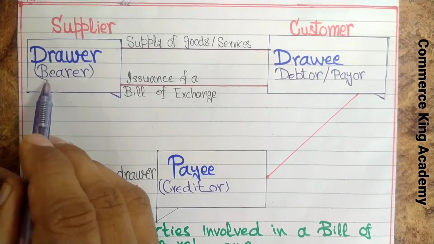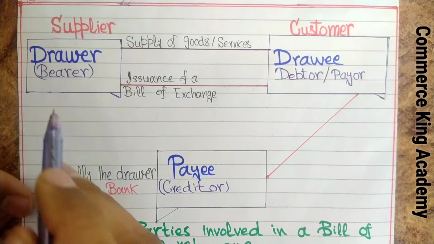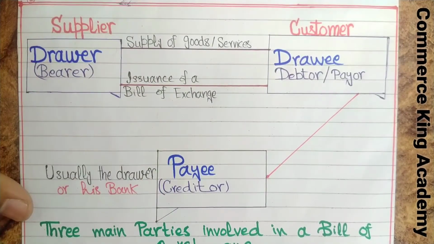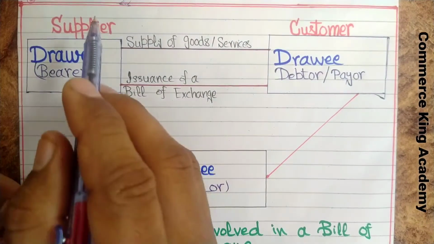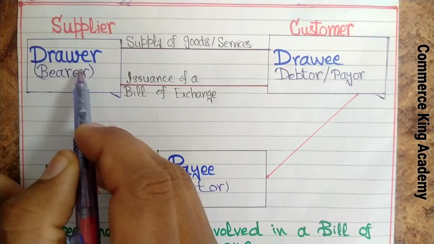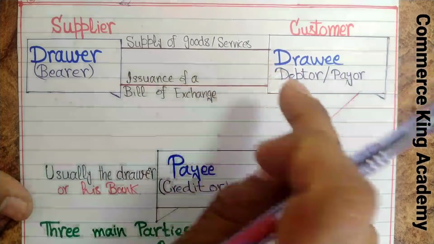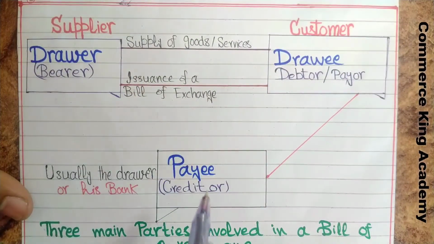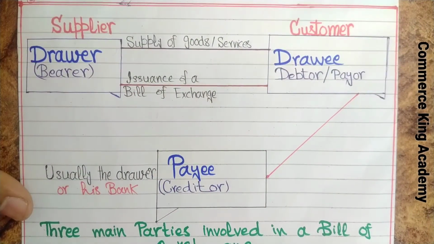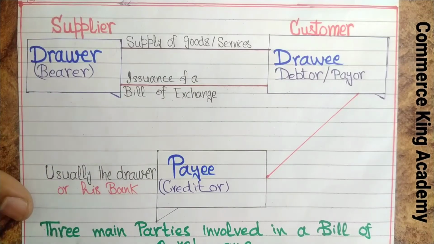The bearer is the same person, the drawer, who holds the bill in hand till maturity or due date. So the drawer is a person who makes the bill and orders the drawee to pay a certain sum of money to the payee. The payee is usually the drawer himself or his bank.